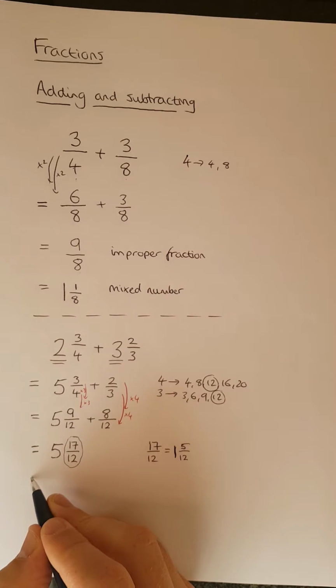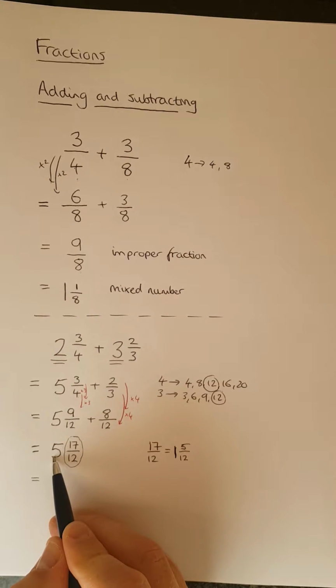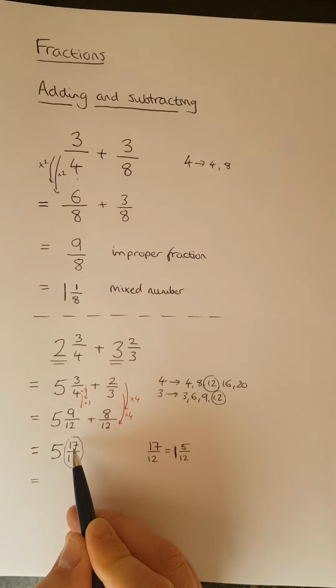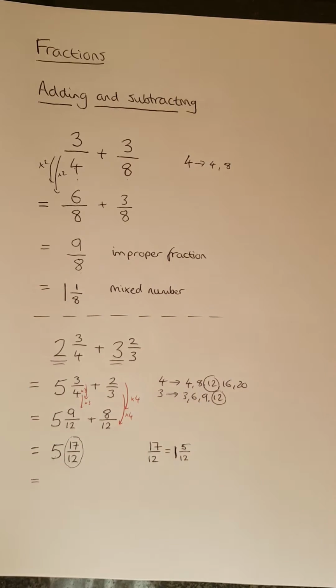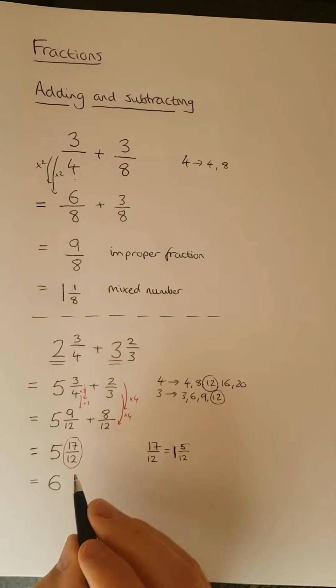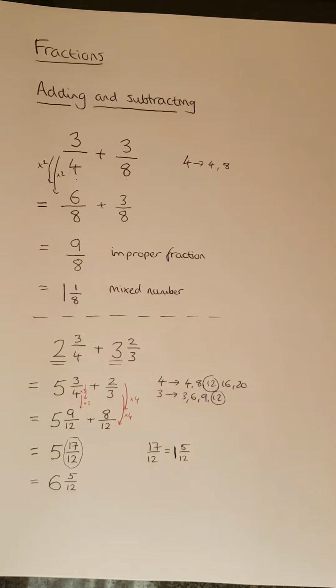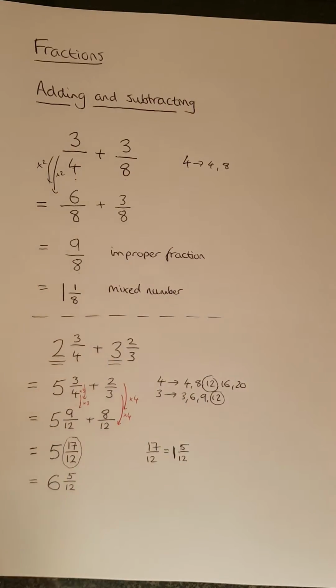So, my actual answer is, I had 5 whole ones and 1 and 5/12. So that's 6 whole ones and 5/12. Now these are getting trickier because we're having to use mixed numbers as well as improper fractions in our adding and subtracting.